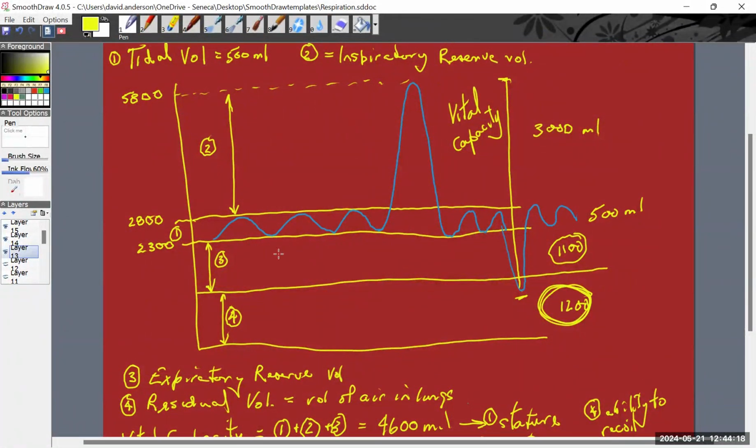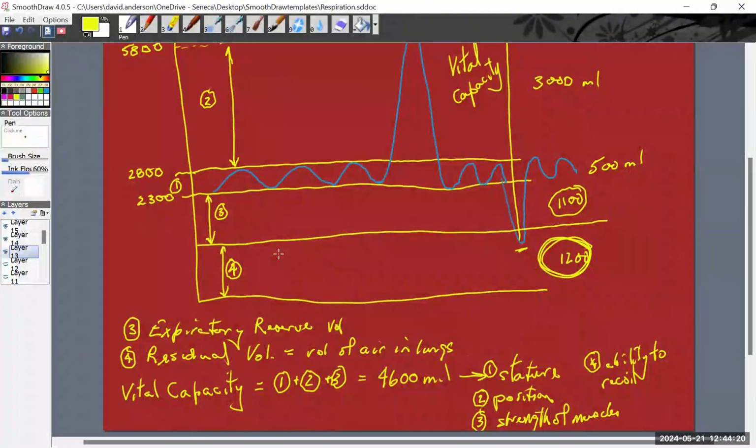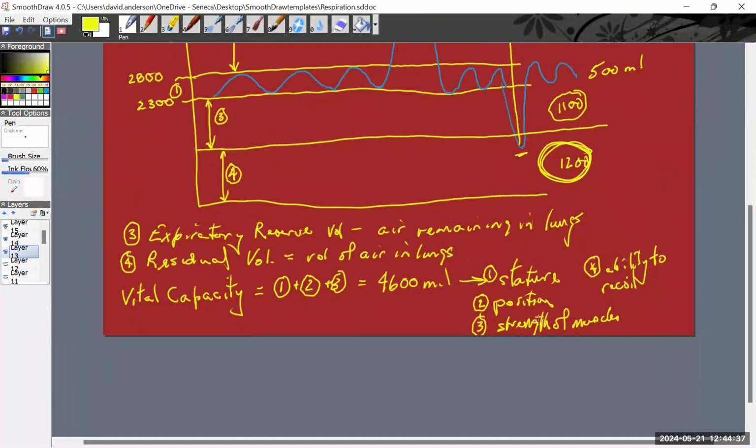And in the case of expiratory reserve volume, the significance of that is it's the air remaining in the lungs no matter what phase of the breathing cycle you might be in. And that means there's always air available in the alveoli for exchange to occur.